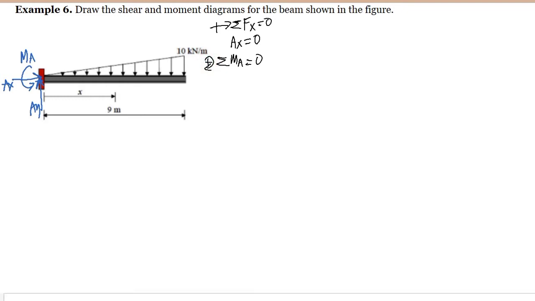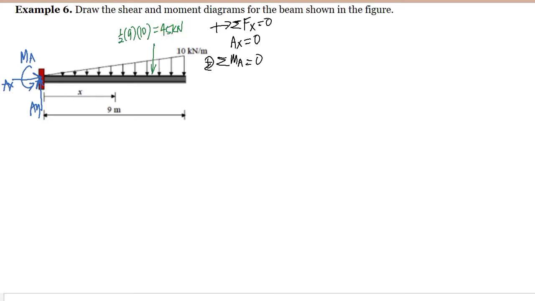So, let's compute first the resultant of our load. And this is just the area of the triangle. So we have here 1/2, the base is 9, and the height is the magnitude of the load, which is 10 kilonewton per meter. And we have here 45 kilonewton.